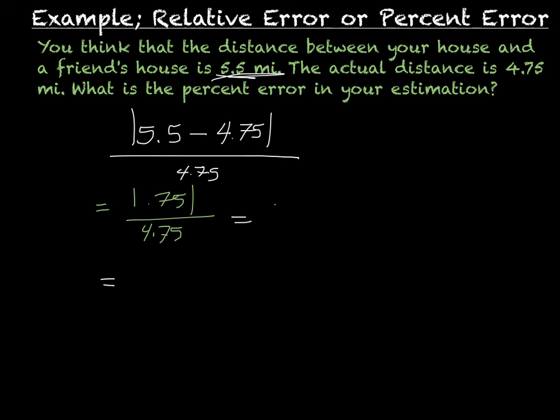So when we take 0.75 divided by 4.75, we're going to get 0.15789. Okay, so if we were to round that, we would round that to about 16%. So your estimate was about 16% off.